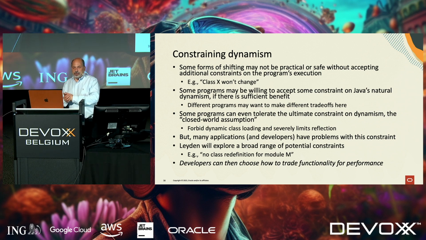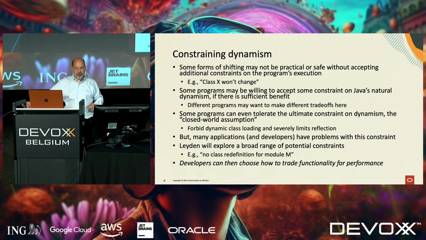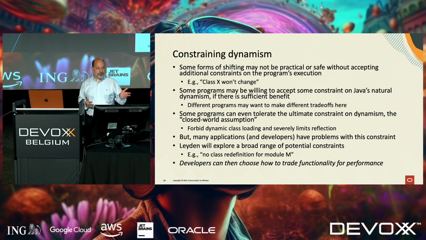Now, some of the optimizations we might want to do might not be practical or safe without some additional permission from the user, in the form of constraints like, I promise this won't happen. I promise this class will never be redefined. Some programs may be willing to accept those constraints, and they may be willing to accept quite a lot of constraints if there is sufficient benefit.